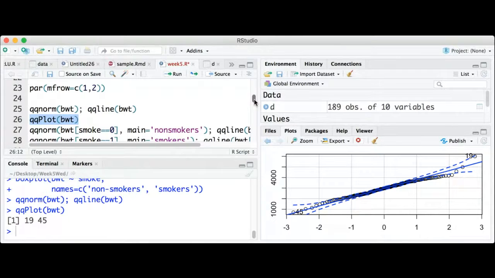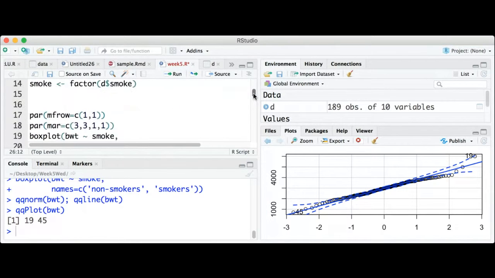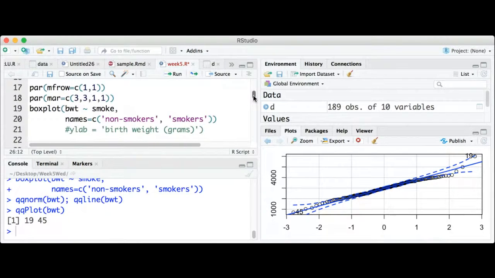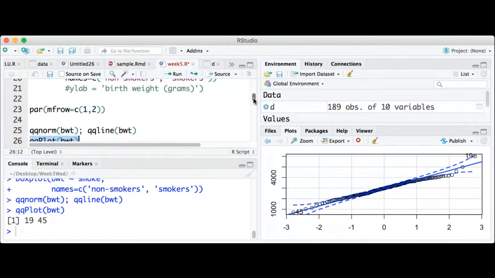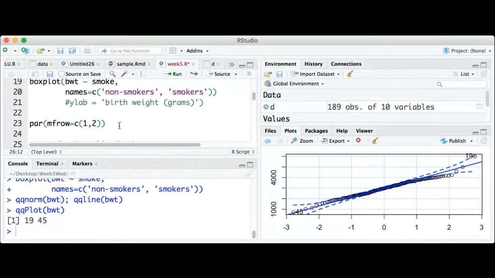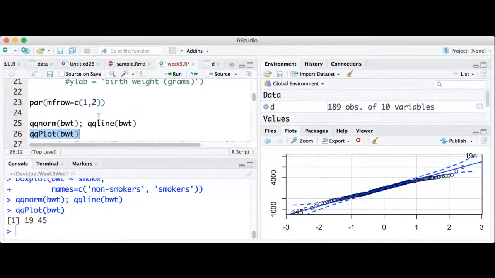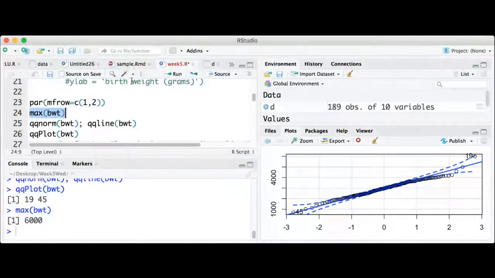Now, something strange has happened here. Why isn't the outlier showing up? Let me just make sure that I've got the right data file. Oh yeah, no, it's right.